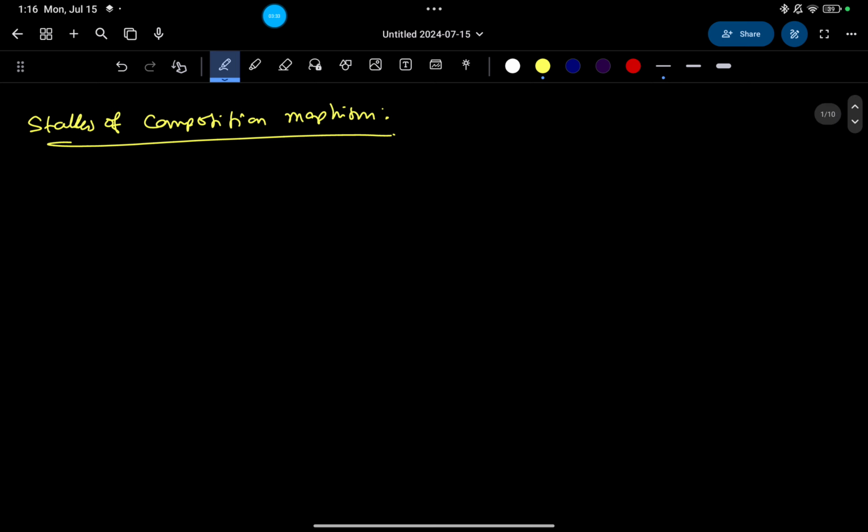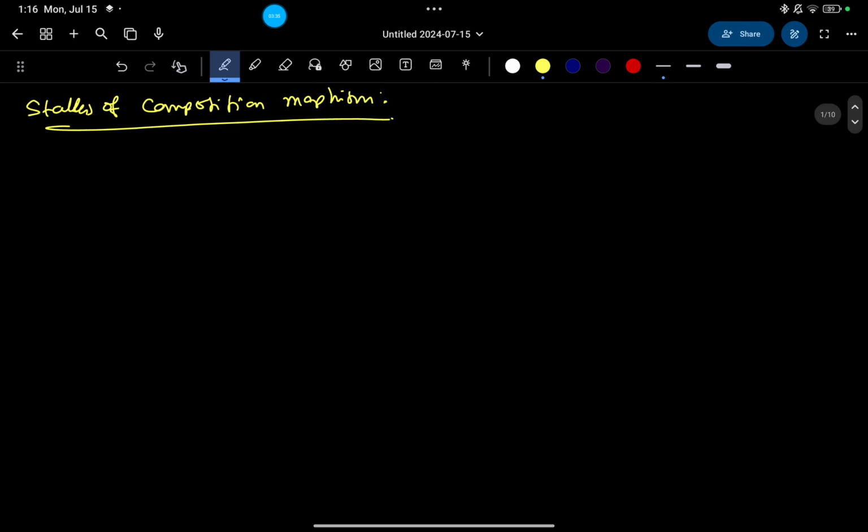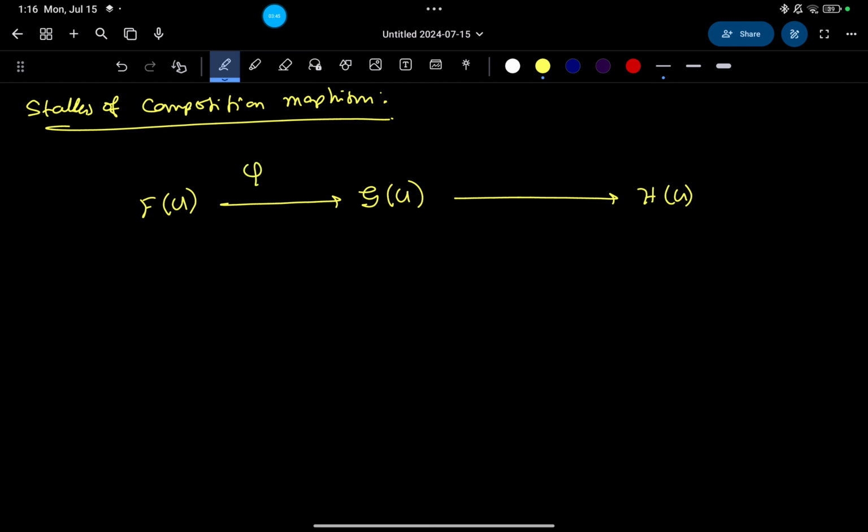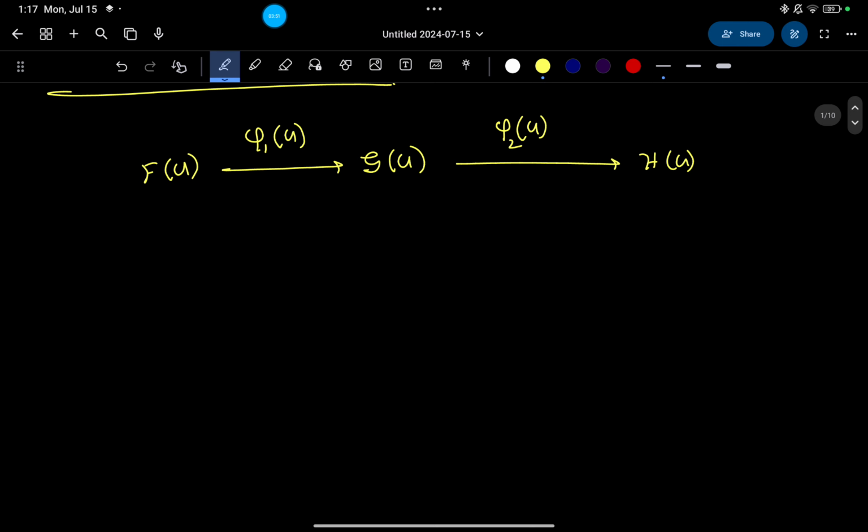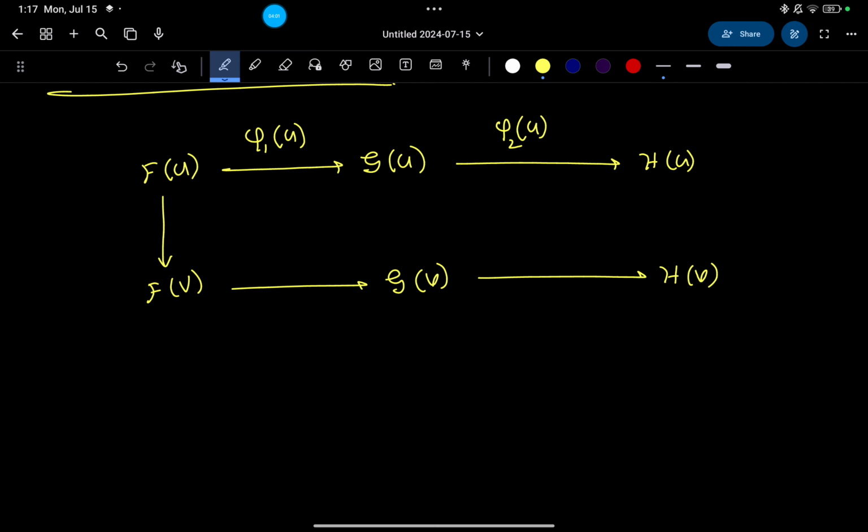So you know that F(u) to G(u) to H(u), there are maps phi1 of u and phi2 of u, and here I have F(v) to G(v) to H(v).